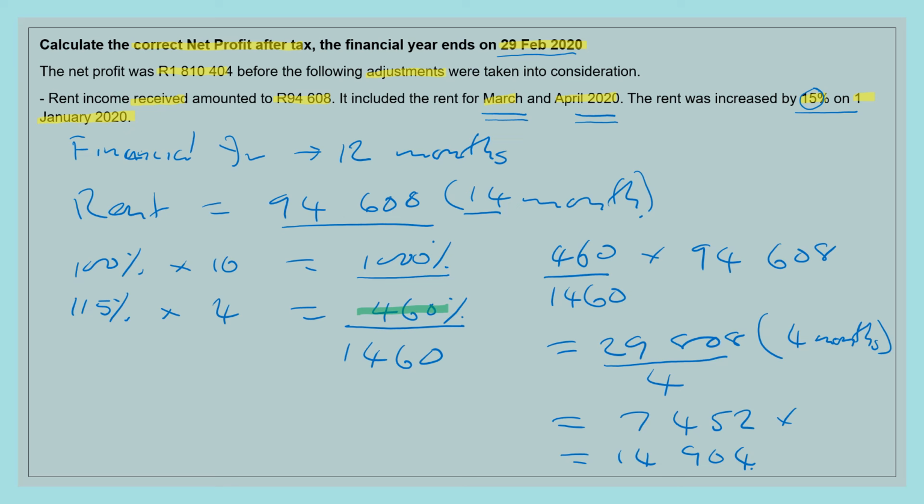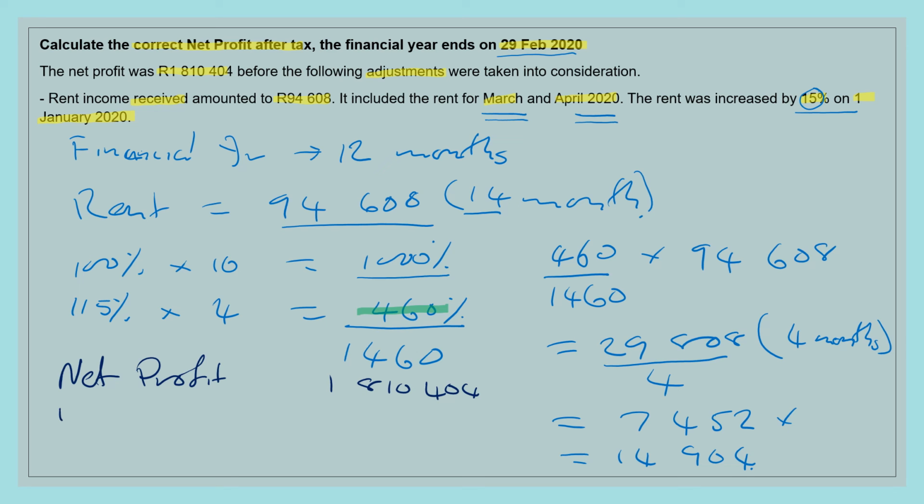So in a normal income statement adjustment, let's say you are doing the complete income statement adjustment, you have your other incomes. Let me first finish this one, then I'll do the normal one. So in this case, for this question, you have your net profit of 1,810,404.